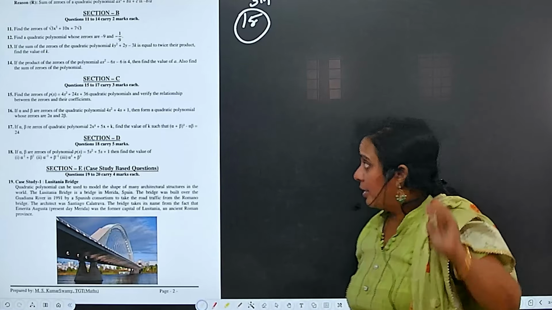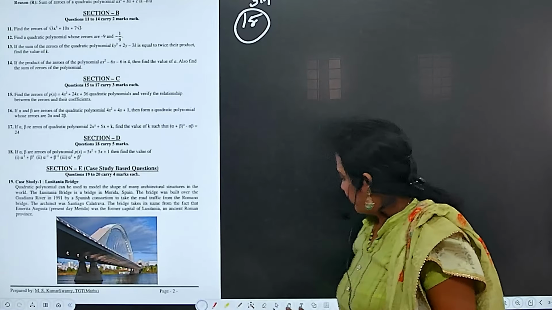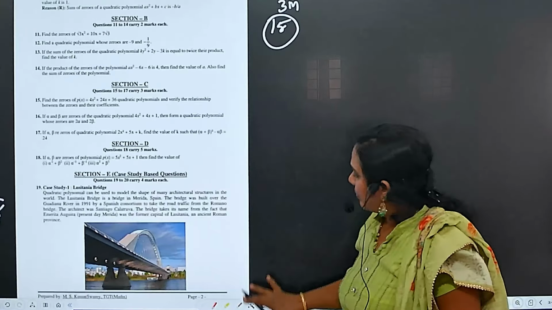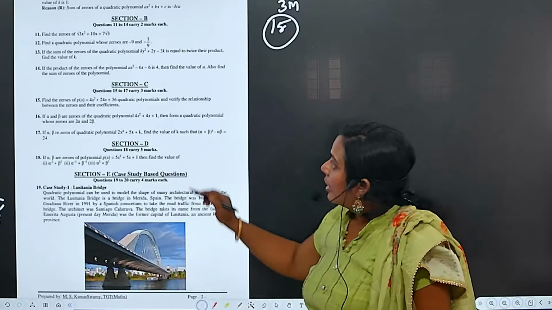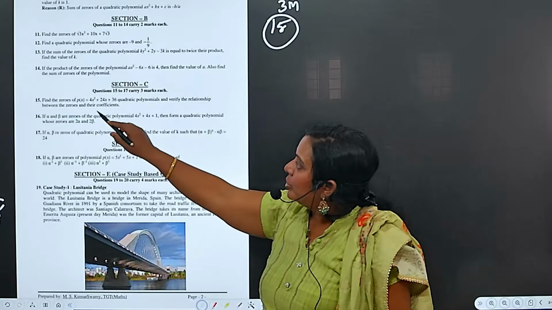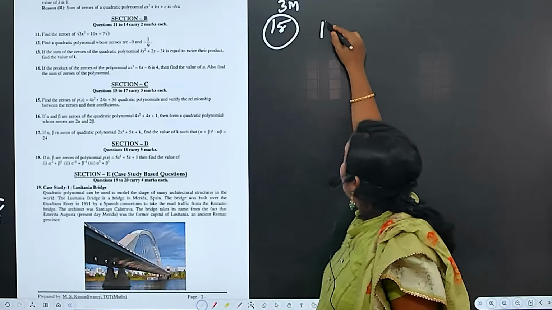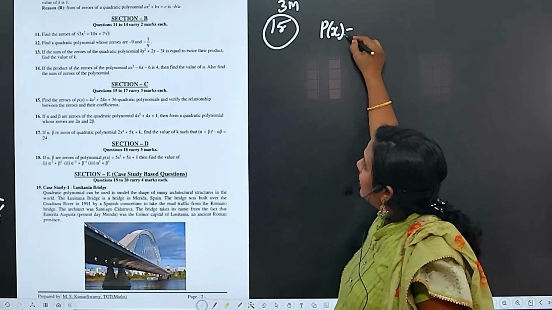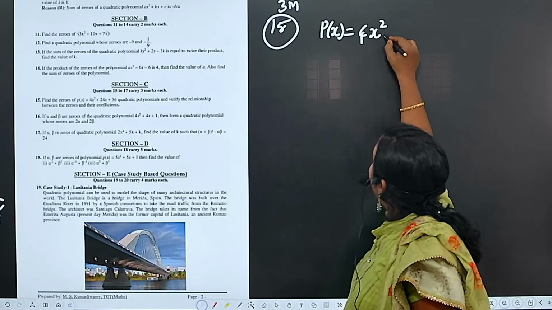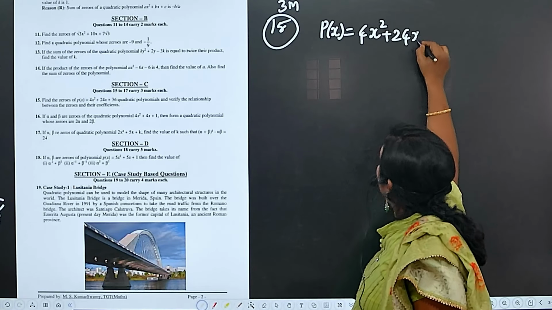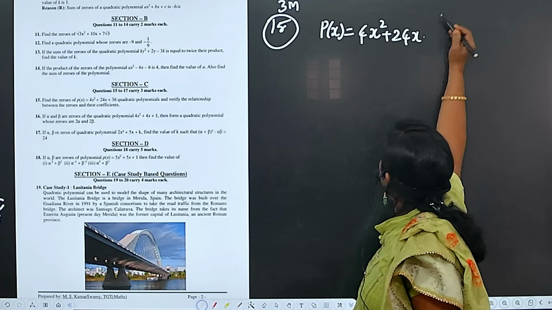Question is, find the zeros of p of x. P of x equal to 4x square plus 24x plus 36.